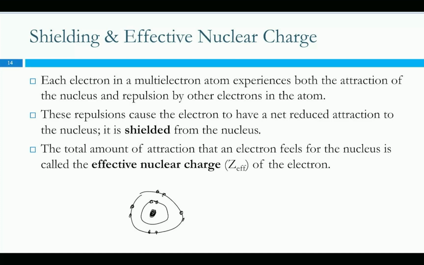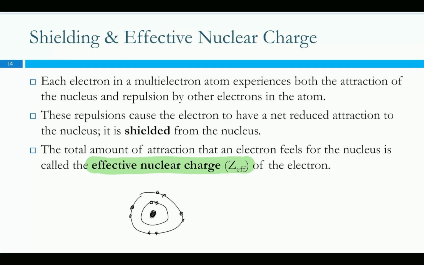The amount of attraction that any electron feels is called the effective nuclear charge of a particular electron. We would pick an electron, or a shell of electrons, and talk about their effective nuclear charge and how much of the attraction they can feel from the nucleus.